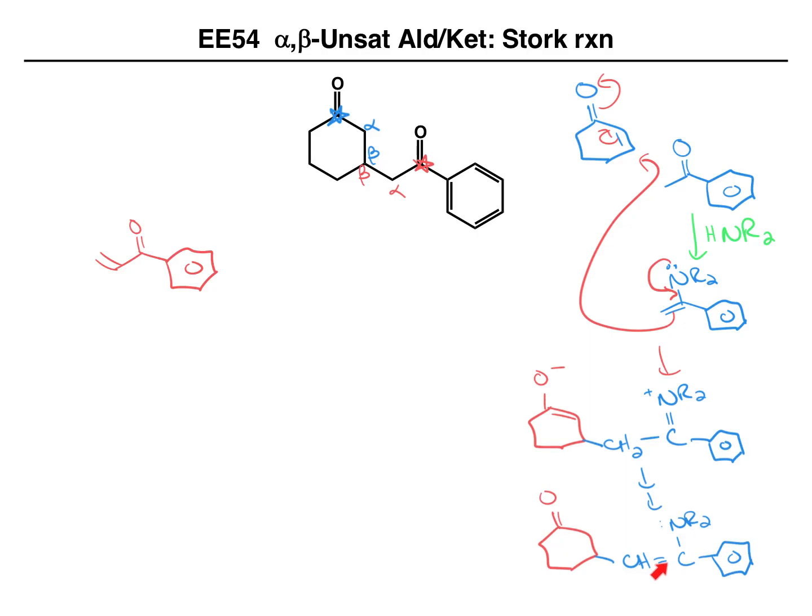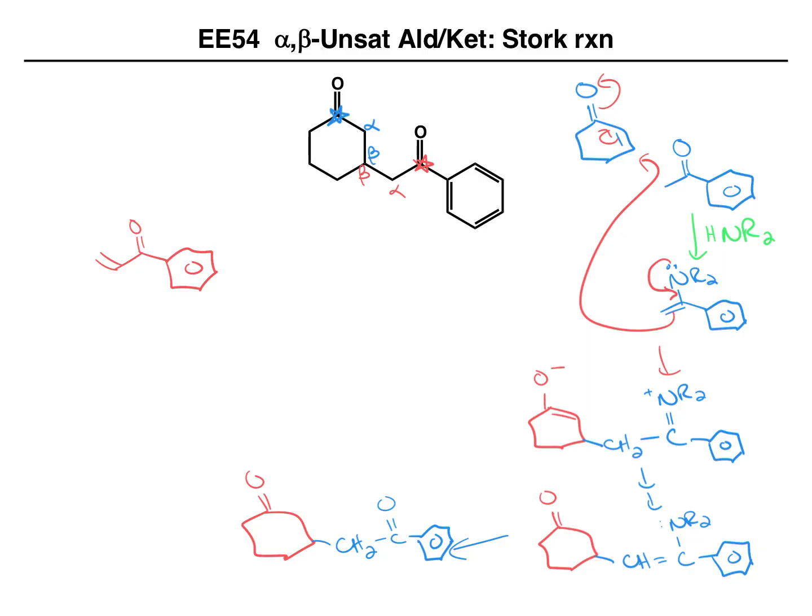And then finally, this enamine can be hydrolyzed to give back the ketone, which means we get this connected to the CH2, which is connected to a carbonyl, which is connected to a benzene, which matches our target.